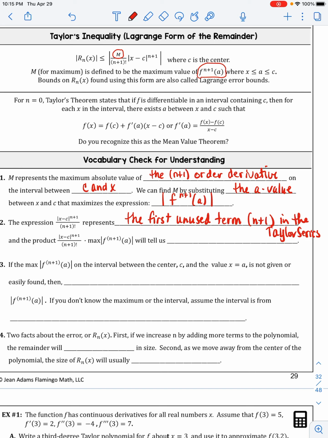And the product, absolute value of x minus c to the n plus 1 over n plus 1 factorial times the max of, and this doesn't mean the max times it, it means the max of the n plus first derivative at a. So you're going to be looking at the n plus first derivative, and you're going to pick that a where the maximum lies. And you're going to take that maximum and multiply it by the x minus c to the n plus 1 over n plus 1 factorial. That will tell us a safe upper bound.